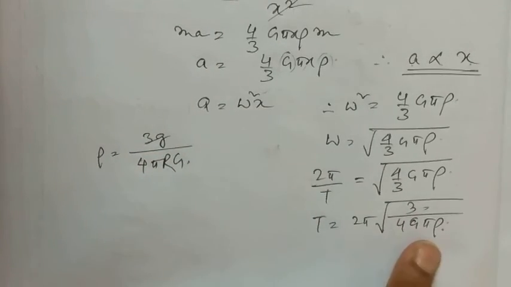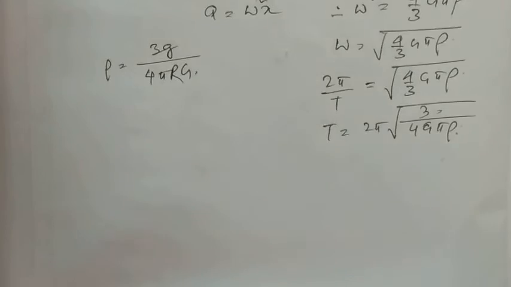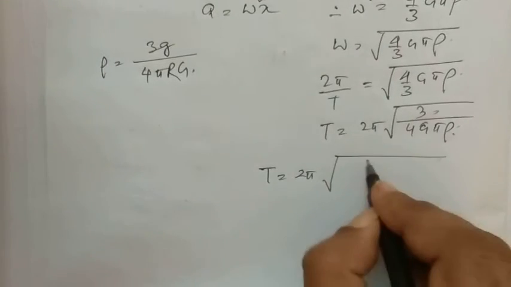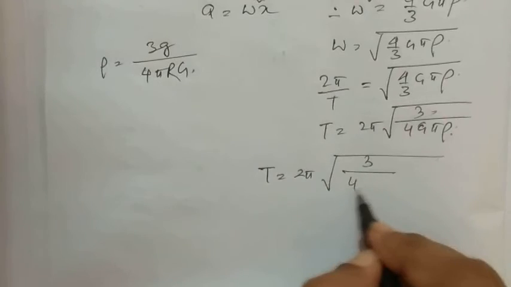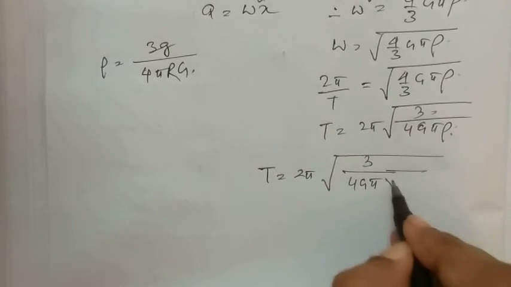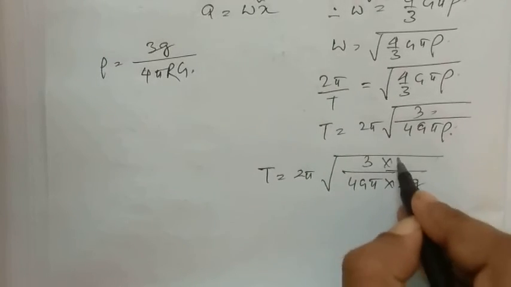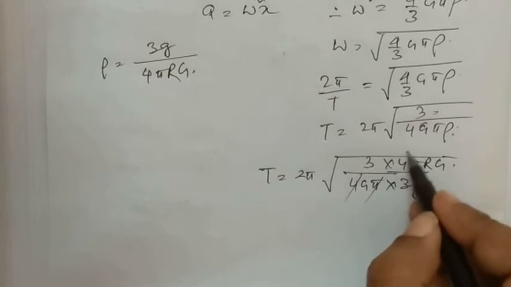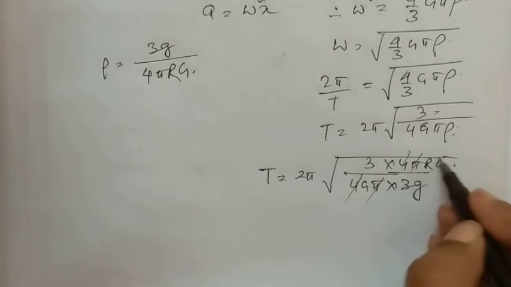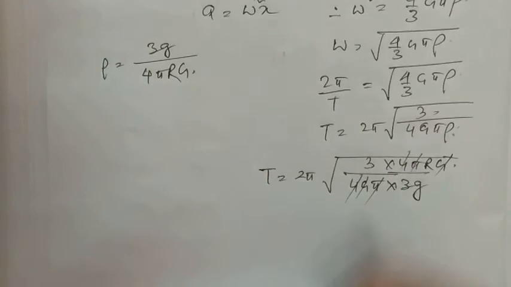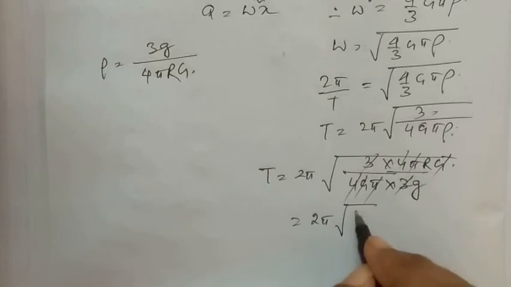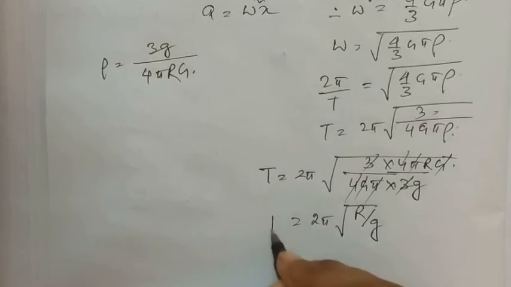Now if we replace the value of rho here, we get T is equal to 2 pi root over 3 by 4 g pi, and instead of rho we write 3g by 4 pi R g. So 4 pi gets cancelled, g gets cancelled, 3 gets cancelled. So it becomes 2 pi root over R by g.